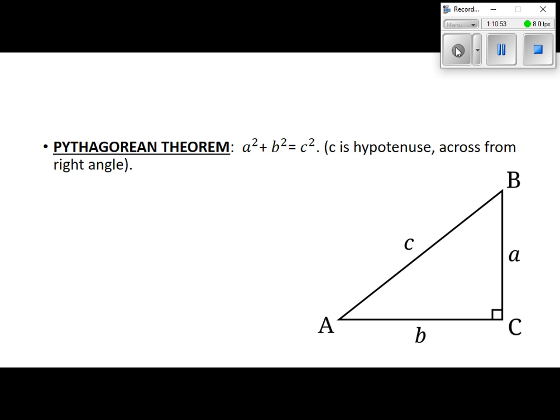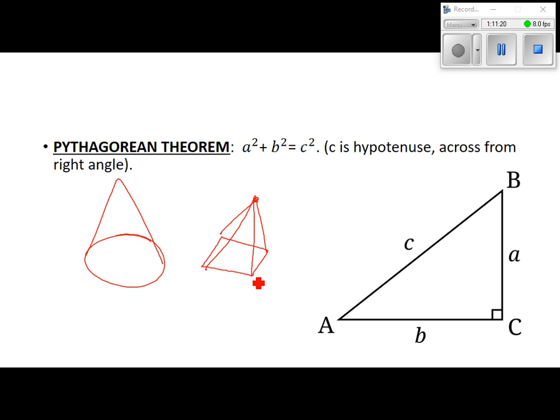So with the Pythagorean theorem here, and you've seen it before, you can use it to find, whether it's a cone or some kind of pyramid, if we need to find the slant height or just the regular height, and either one of these.